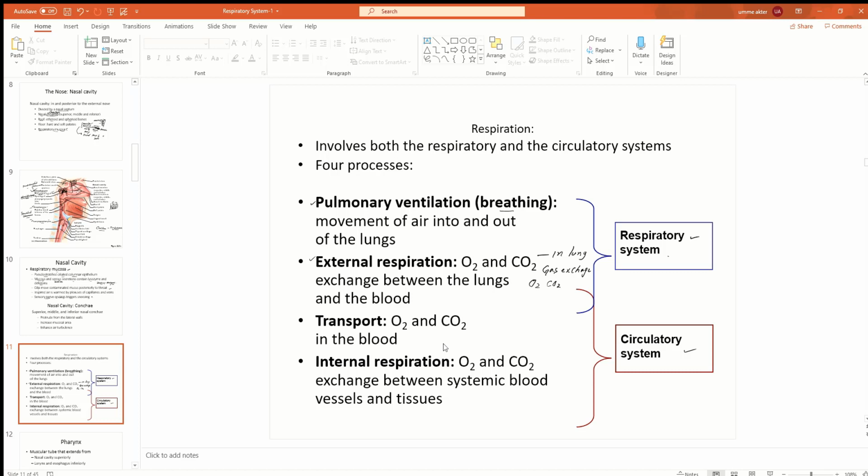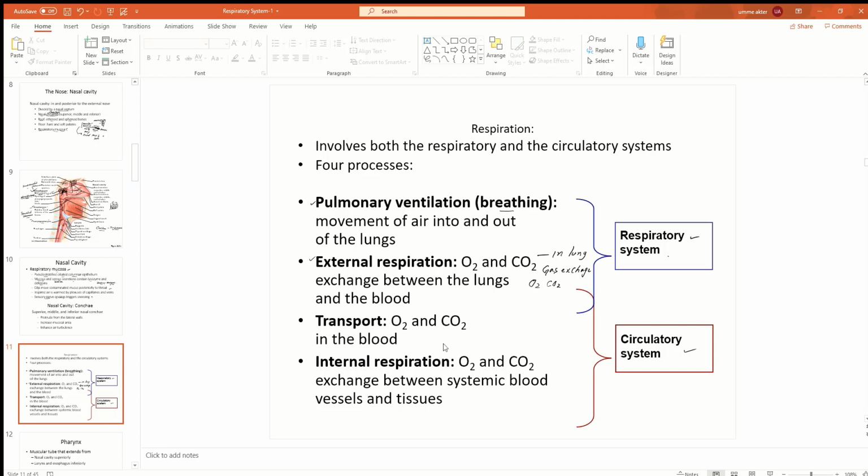Now, if I ask you why blood goes to the lung: blood goes to the lung to get oxygen, right? So we know that the lung gives oxygen to the blood, and carbon dioxide always moves in the opposite direction, remember. So this is the rule: oxygen and carbon dioxide move in opposite directions.